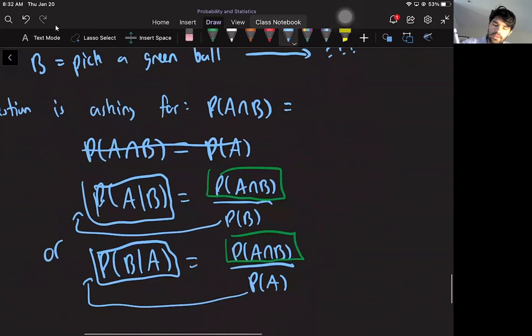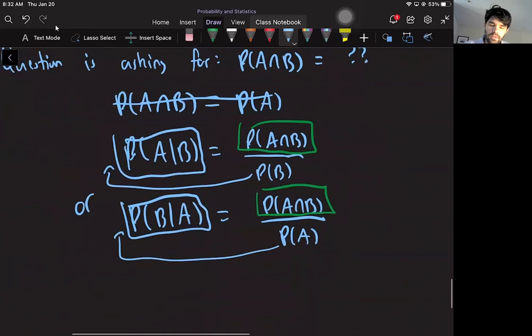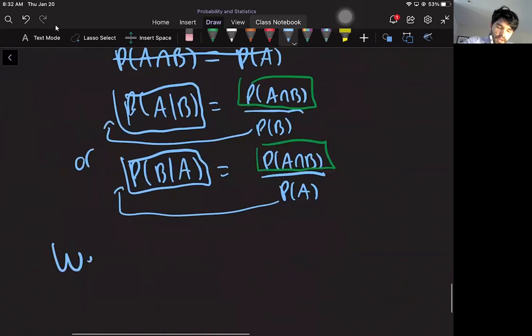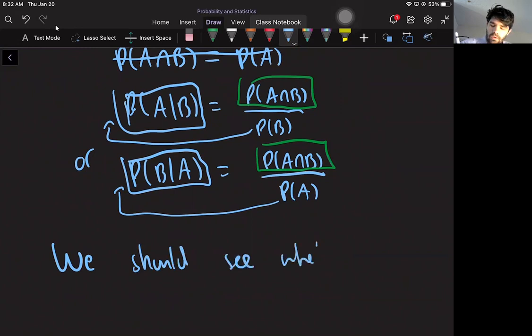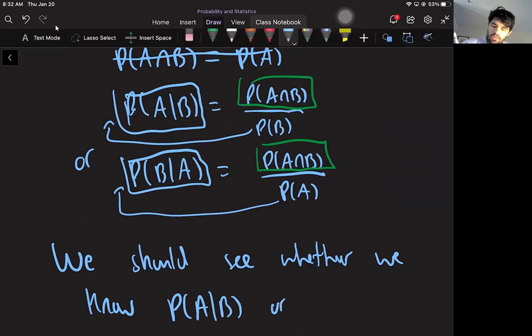So let's do that. So this is how to problem solve sort of on the spot. So we should see whether we know this one or this one.